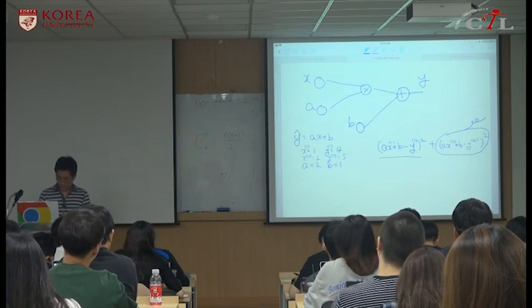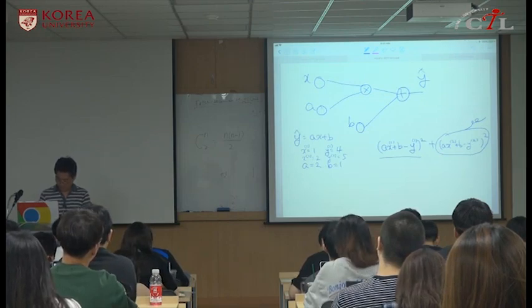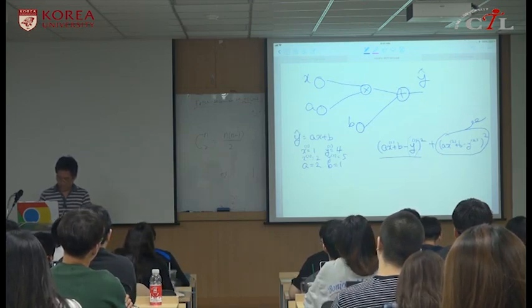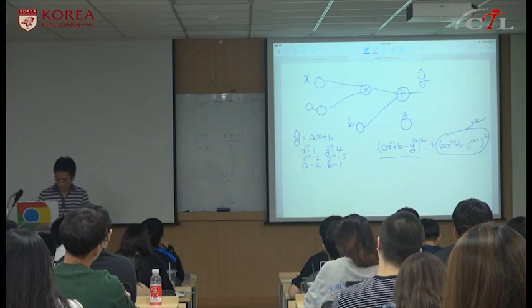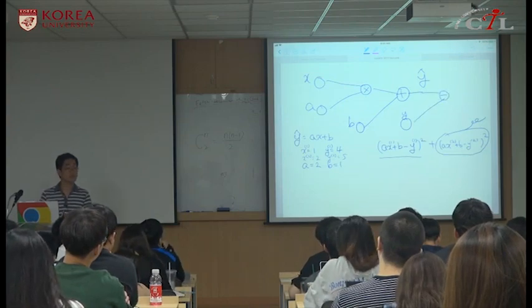This is the predicted value, and this is our ground truth value y, and minus, right?